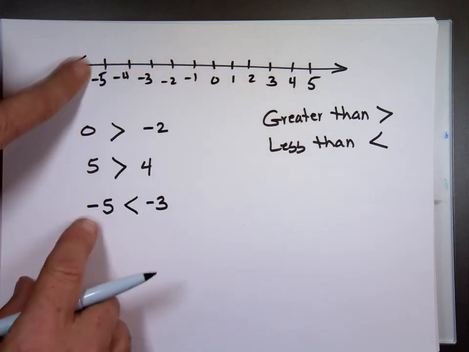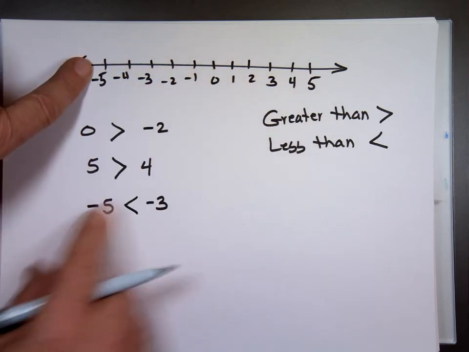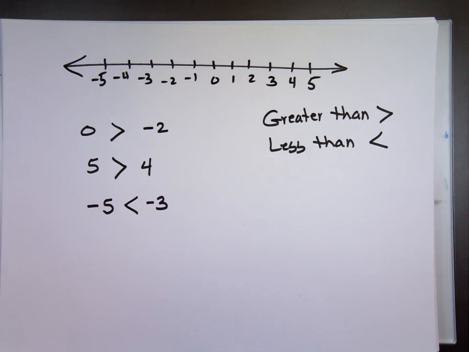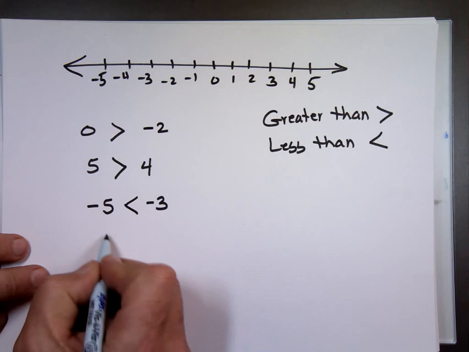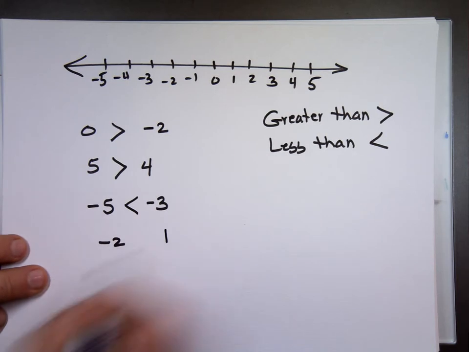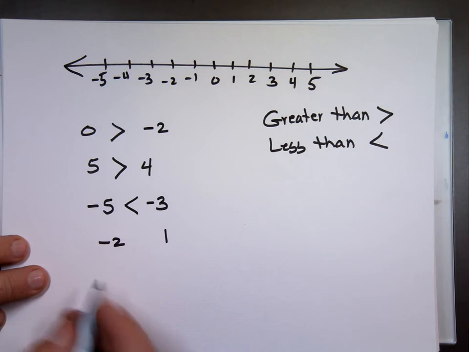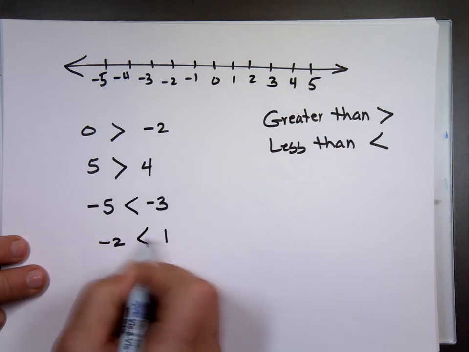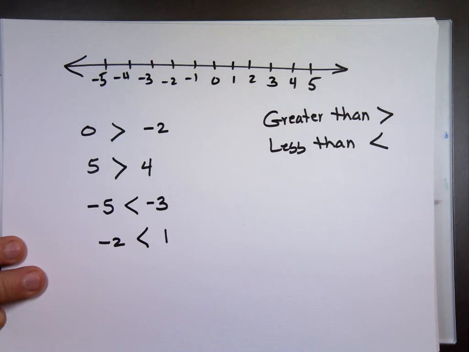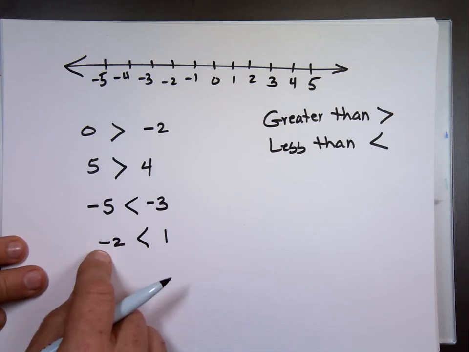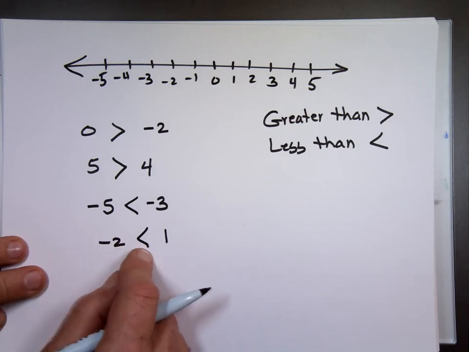The negative 5 is on the left, it's smaller than negative 3. The minus 2 and the 1. 1 is what? Greater. So the minus 2 is smaller, or the 1 is bigger. So you write the minus 2 is less than the 1.